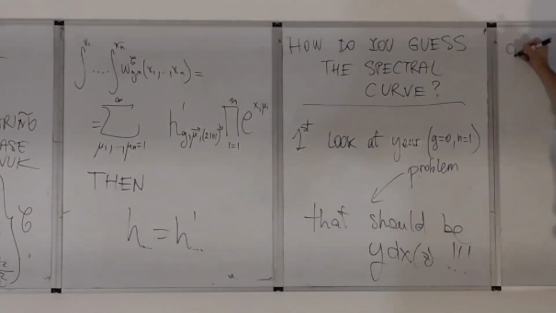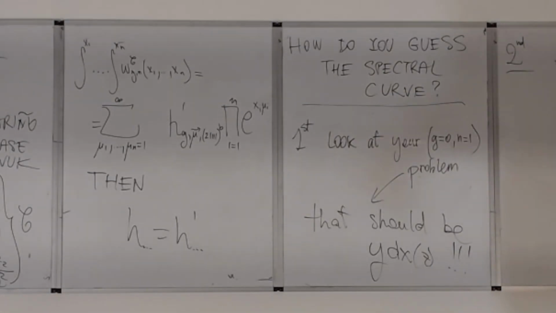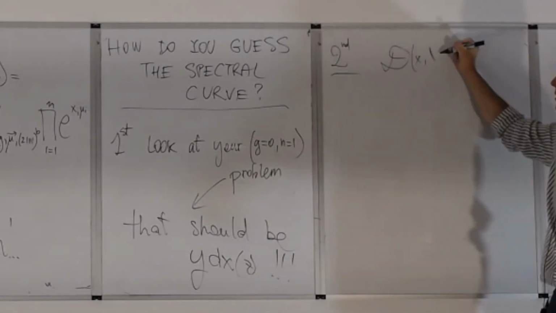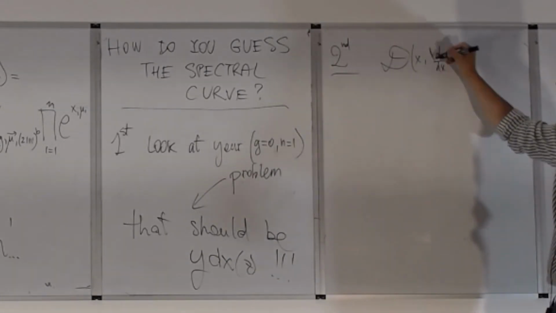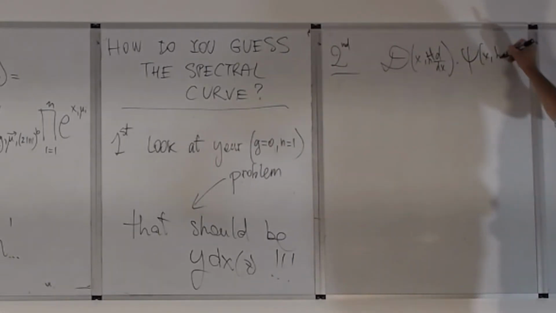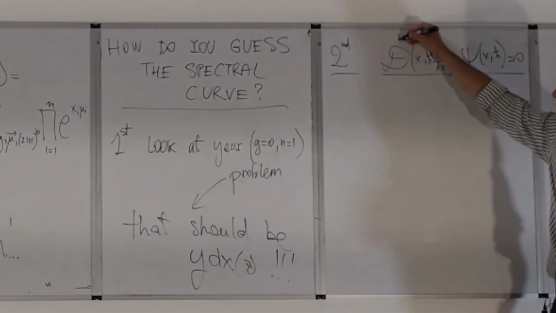Second method. You happen to have a differential operator in x and d over dx, and usually here you have an h bar, and then you have a wave function that depends on x and h bar, and this is 0. Aha, wonderful. You happen to have this one.